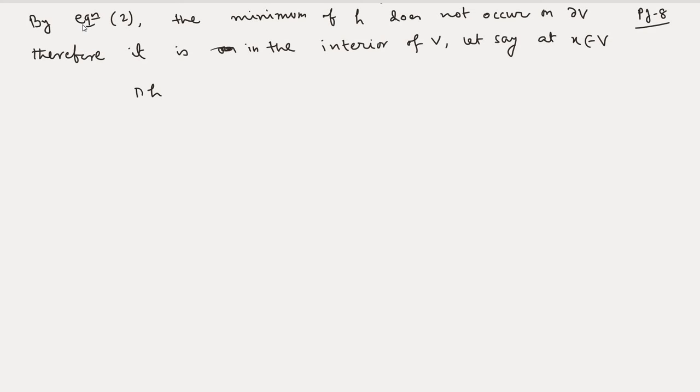So every partial derivative of H at x is equal to 0.